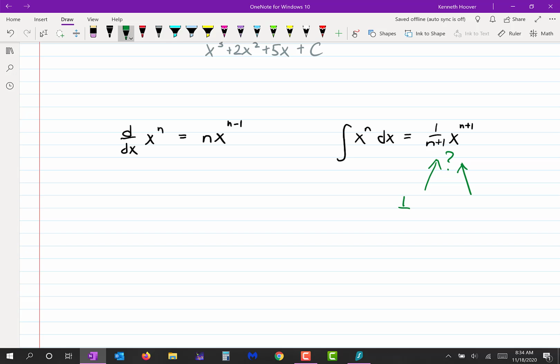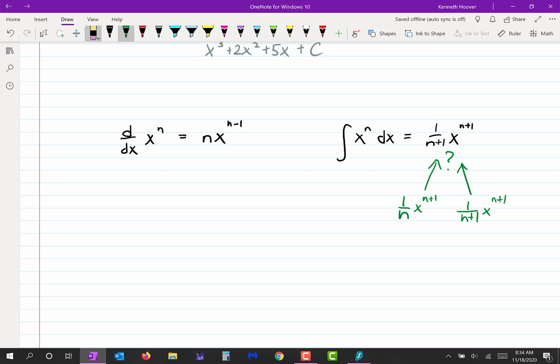Should it be 1 over n, x to the n plus 1? Or should it be 1 over n plus 1, x to the n plus 1? How do you check? You do the derivative and see which one has this derivative.